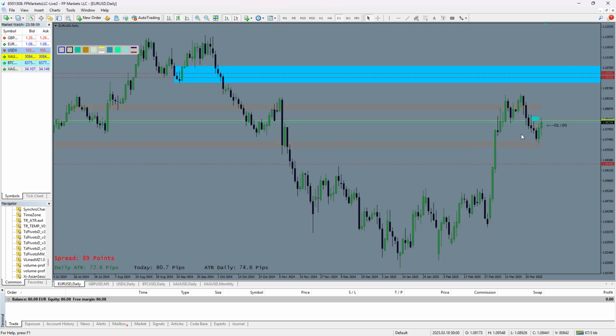So I expect euro to go up, and therefore the best scenario for me is that it goes down at least to 50% of this shadow, which is 48 pips, and then I'll be looking for some opportunity to go long on euro dollar, and that's it, unless the price action proves me otherwise.